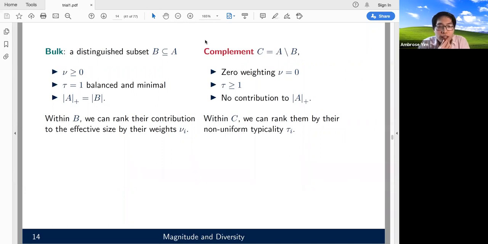So we can use this weight to rank things within the bulk. And on the complement, the weight is 0, however, the typicality is not uniform, so we can rank how typical things are in the complement by the typicality.